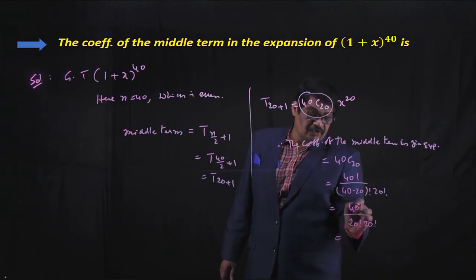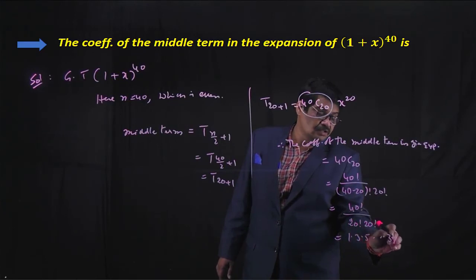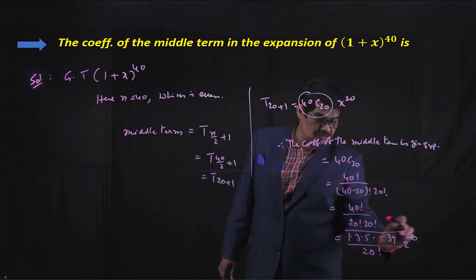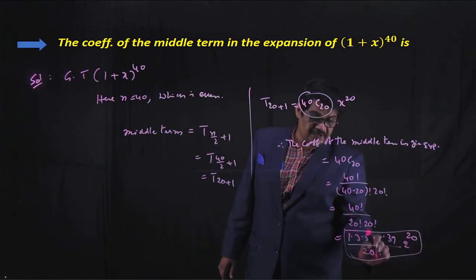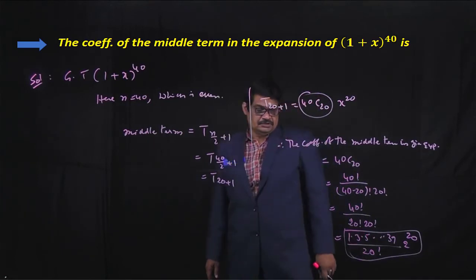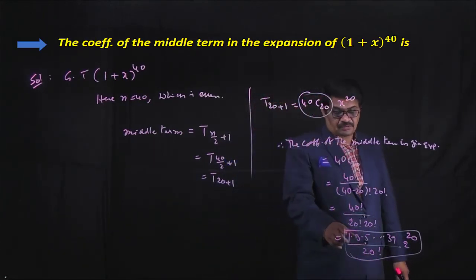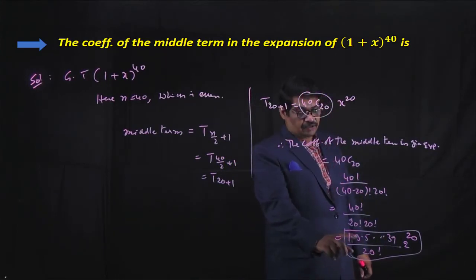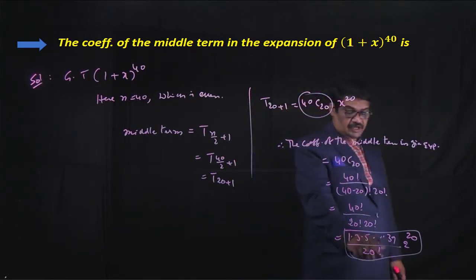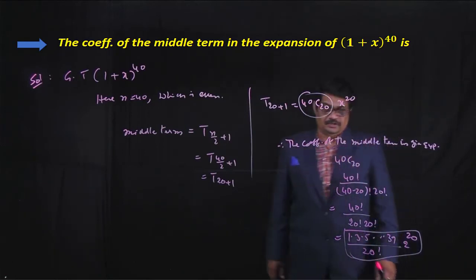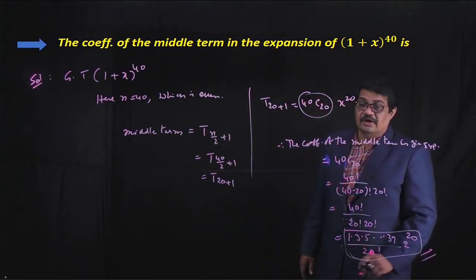We simplify this and get 1 into 3 into 5 and so on up to 39, by 20 factorial into 2 to the power of 20. So this is the required answer.